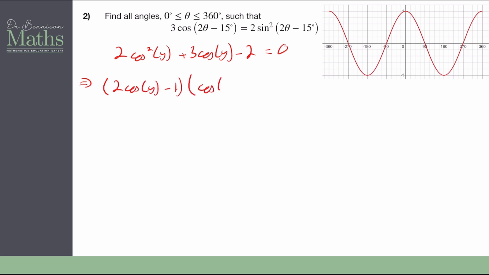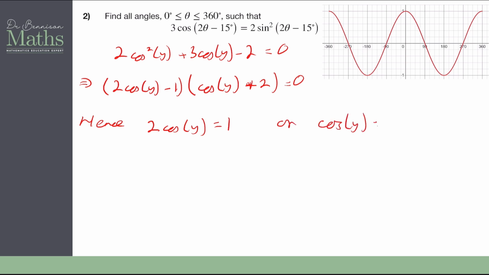and cos y plus 2 equaling 0. Hence 2 cos y is equal to 1, or cos y equals negative 2.